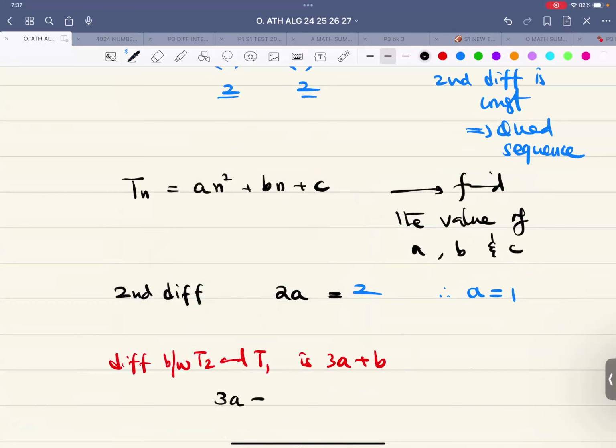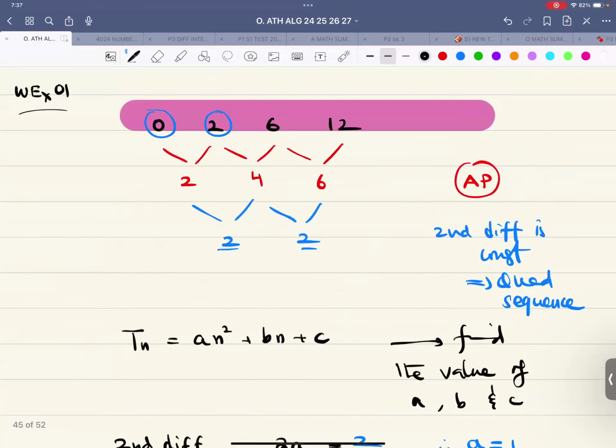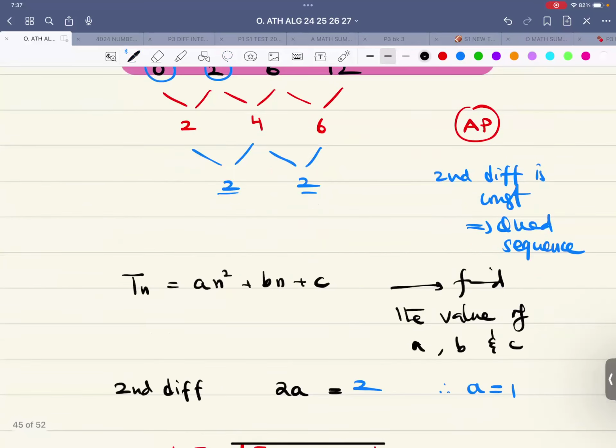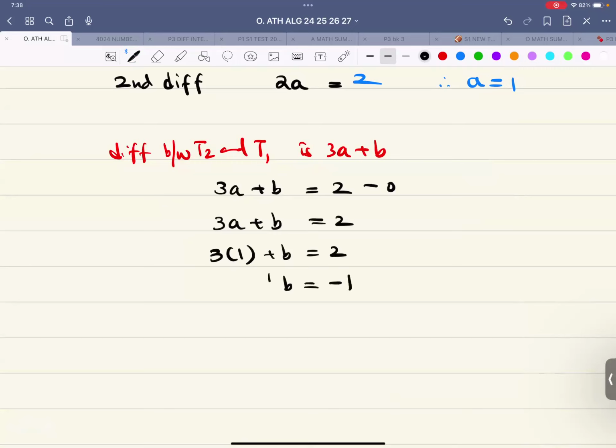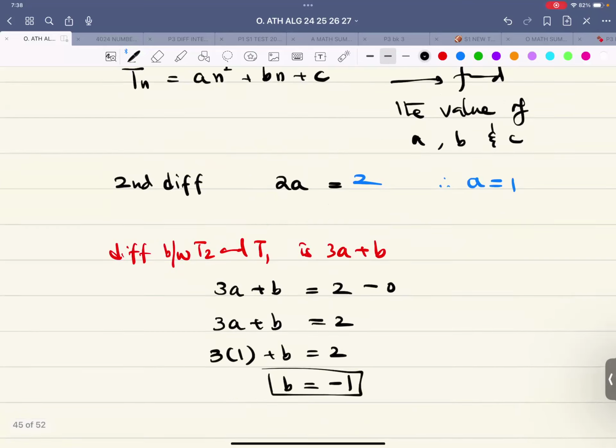Therefore, 3a plus b equals what? This equals 2, that is T2 minus T1, which is 2 minus 0. So 3a plus b equals 2. 3 into 1 plus b equals 2. Therefore, b comes out to be -1. That is the second thing that we obtain.